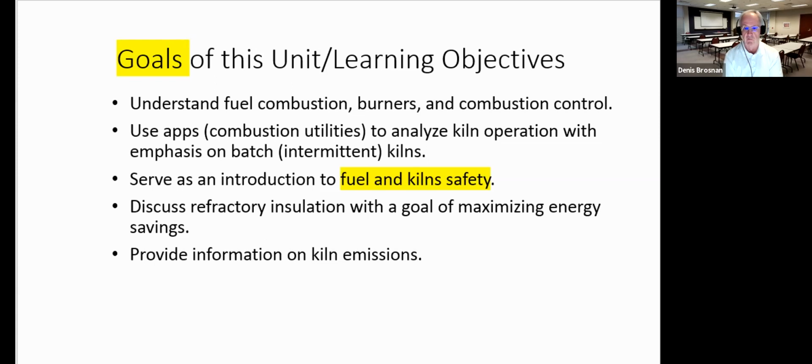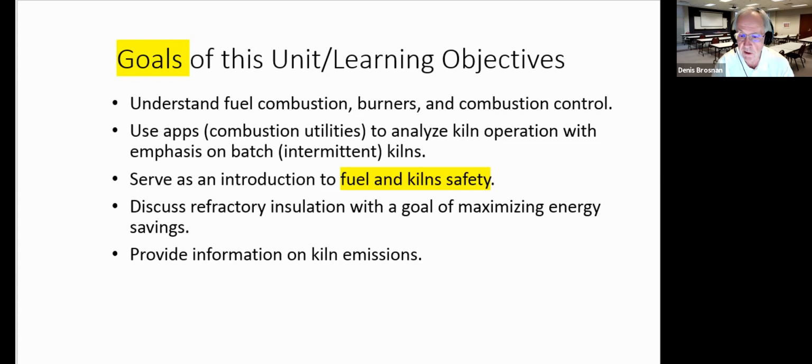I have been involved in legal matters where kiln explosions took place. We don't want that to happen. So I know that you have to follow your company's, your organization's safety procedures. I'm trying to supplement that information and augment that information. Your safety is your responsibility and your organization's, but I'm very concerned about it.